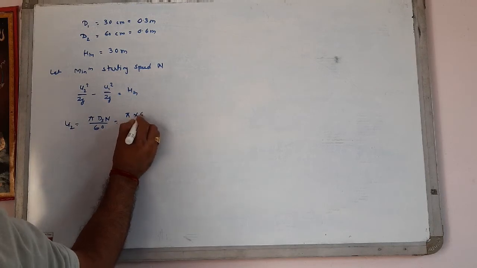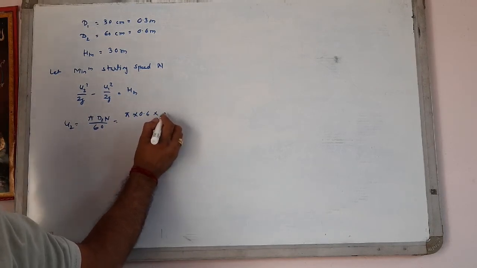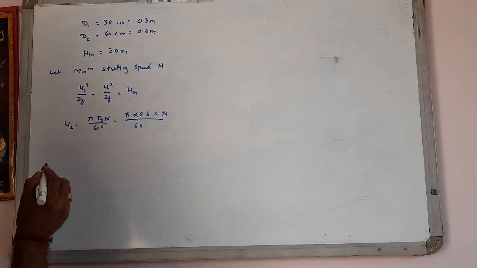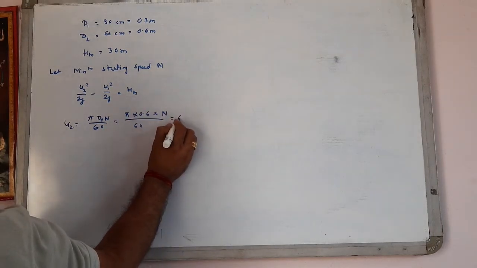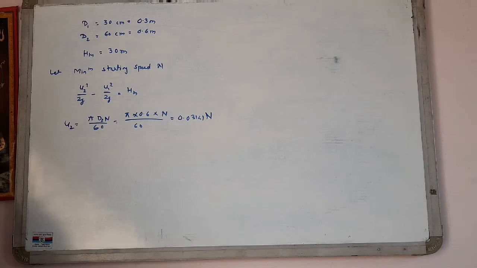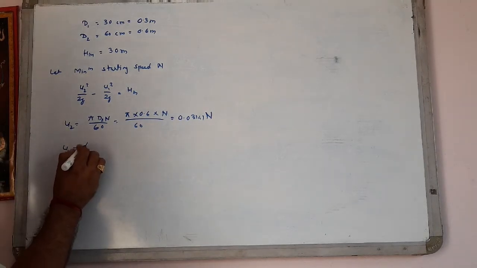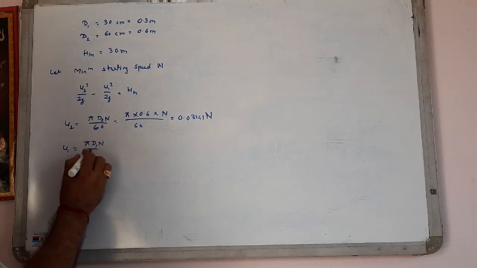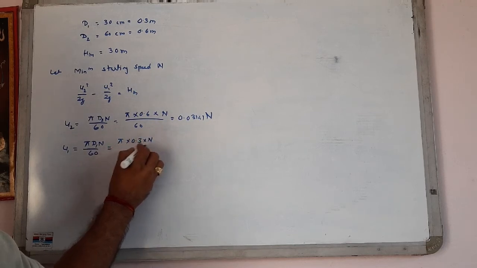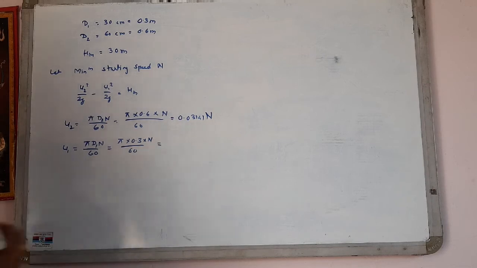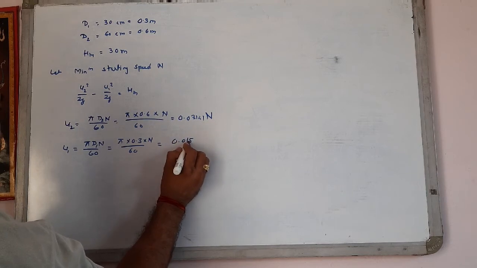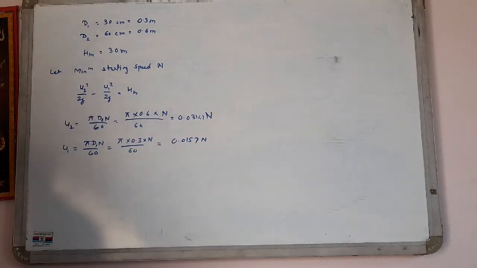So this is pi into 0.6 into n by 60, that is 0.3141 n, and U1 equal to pi D1 n by 60 equal to pi into 0.3 n by 60, so this is 0.157 n.